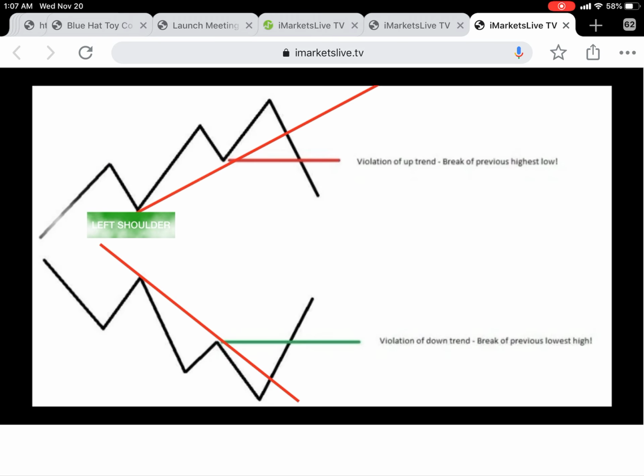Okay, so on the top, notice the market is making higher moves. The market goes up higher and it pulls back, and that creates our left shoulder. The market goes up higher again, making a new high and pulls back. That makes another left shoulder. Same thing on the bottom.